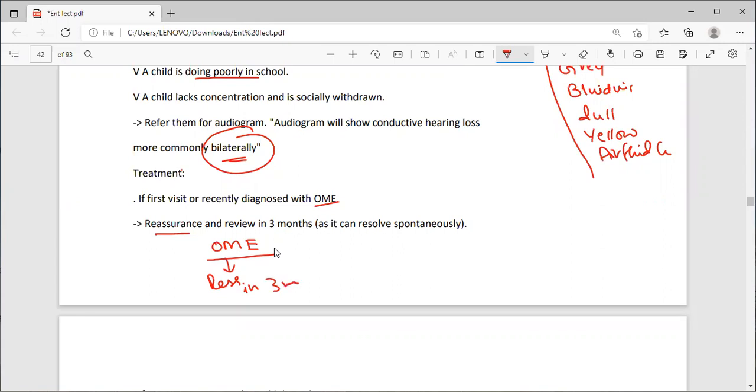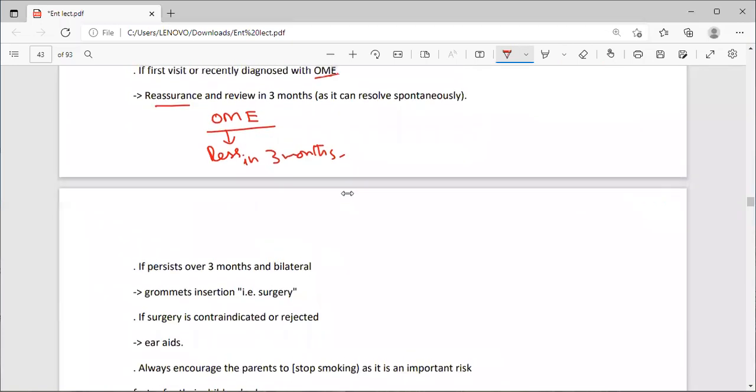After 3 months, if his condition has not resolved, then you will proceed with grommet insertion, okay? You will insert a grommet, which is a window that will allow the fluid from the middle ear to drain out of the ear.